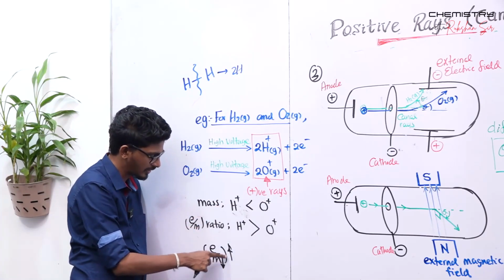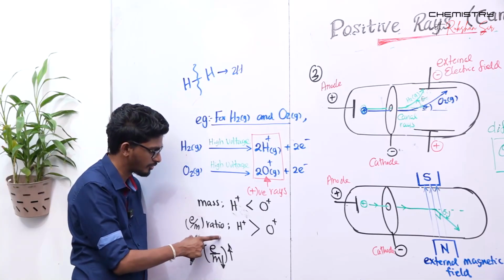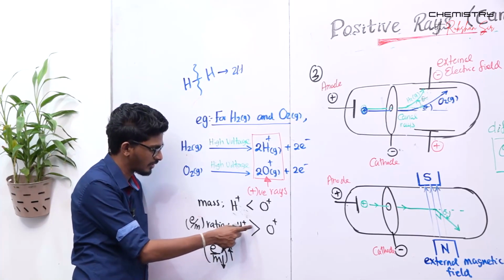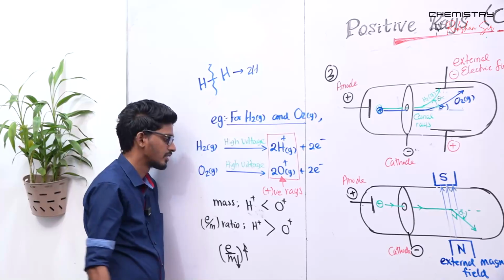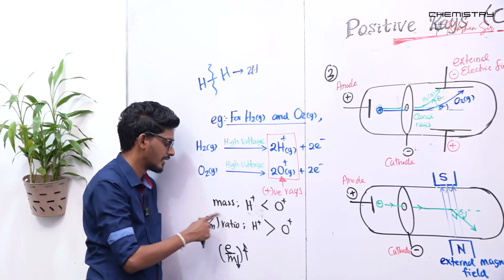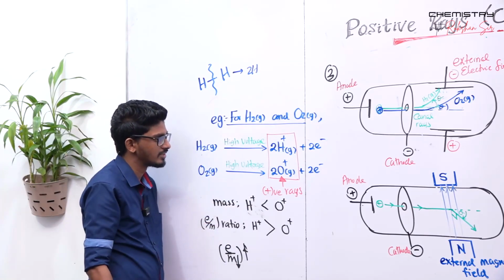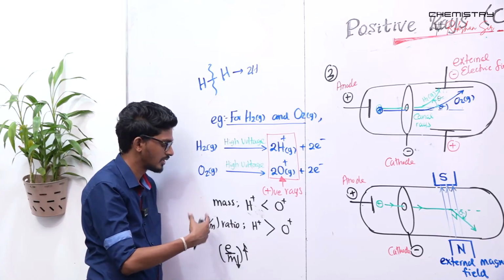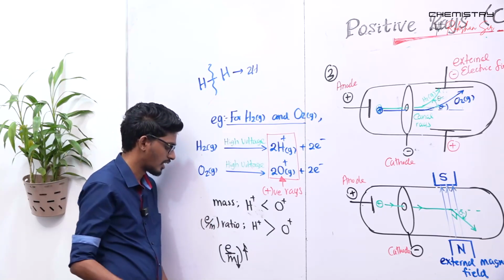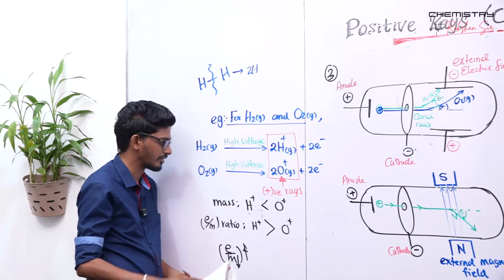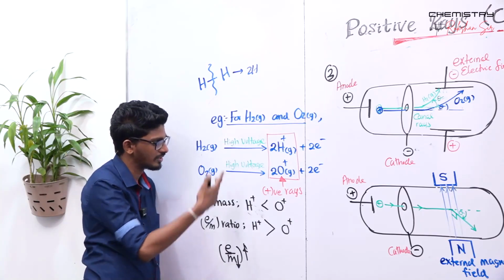So the e/m ratio of H plus is a greater value than O plus. So different gases produce different deviation angles, or different charge to mass ratios for the positive rays. That is the idea.